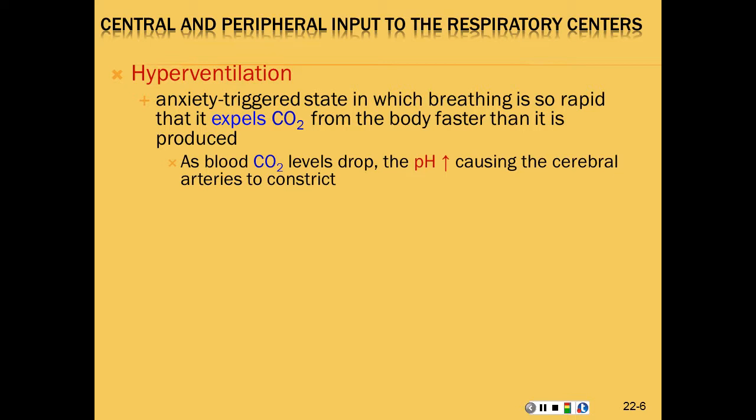So that's someone having a panic attack, and they're exhaling so much that not enough O2 is getting into the body. You're expelling so much CO2 that there's an imbalance of CO2 and O2 exchange within your alveoli, and that is going to cause your pH to increase, and it's going to cause cerebral arteries to contract.